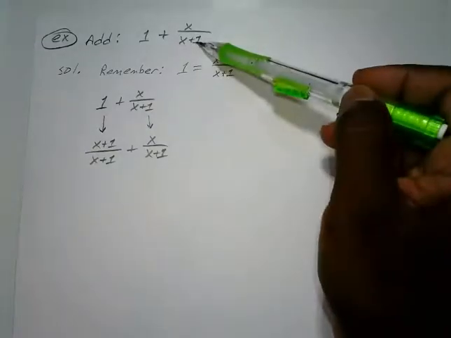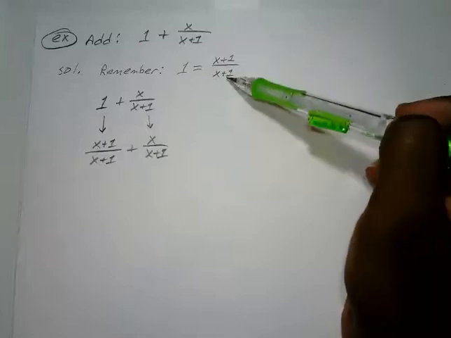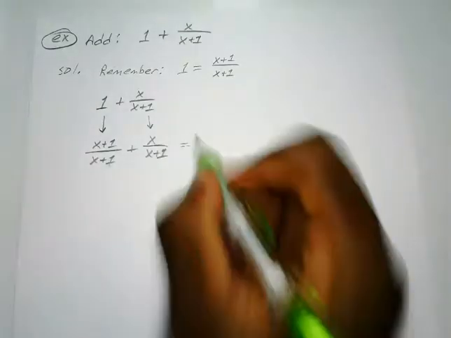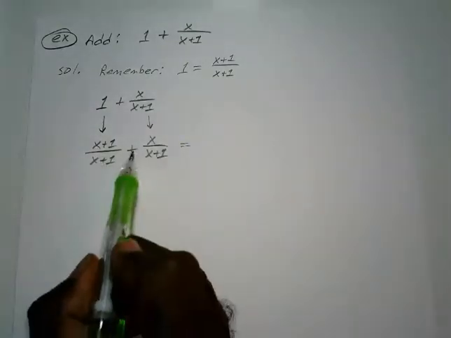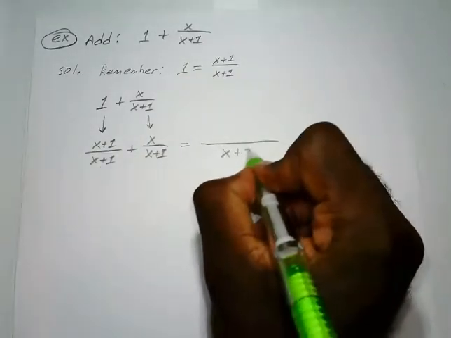If this denominator would have been x minus 80, you could have made 1 equal x minus 80 over x minus 80. Okay, so you automatically have your common denominator as soon as you see that 1. So those are really your easier problems, as long as you remember that little trick. Okay, so we have something over x plus 1 plus something over x plus 1 will equal something over x plus 1.